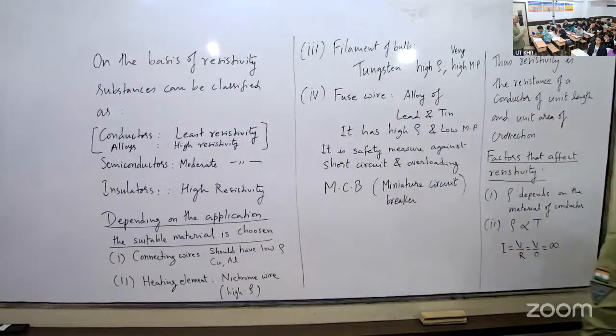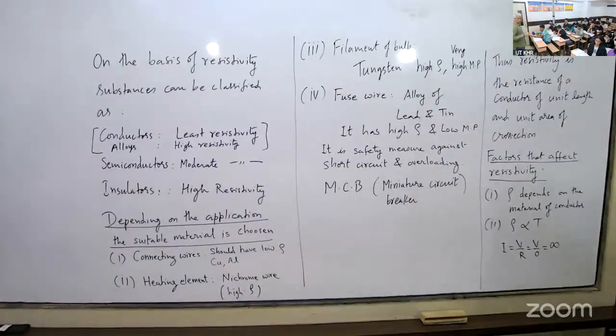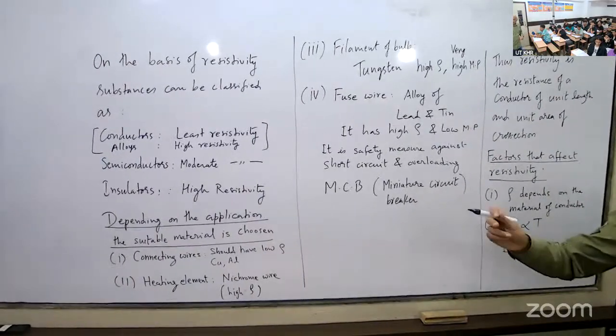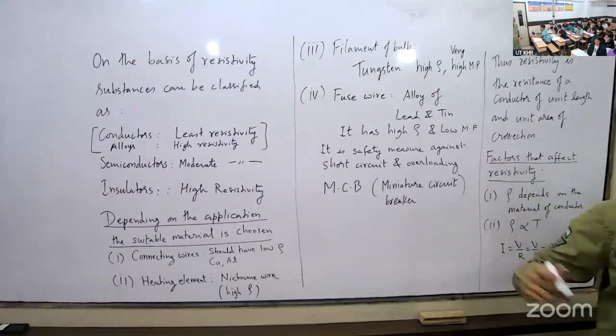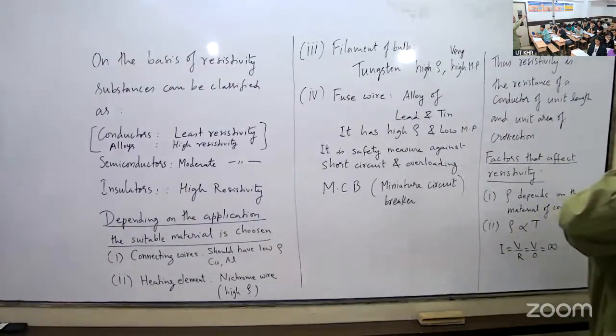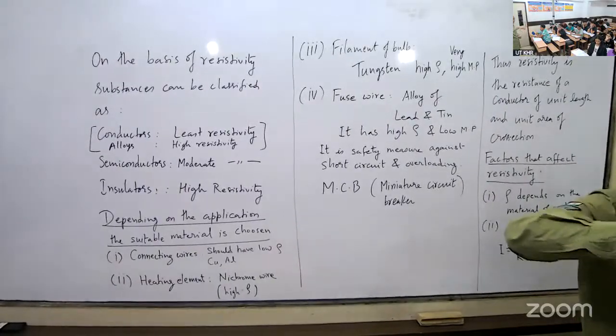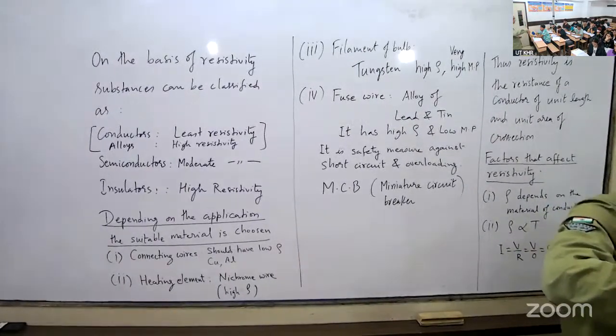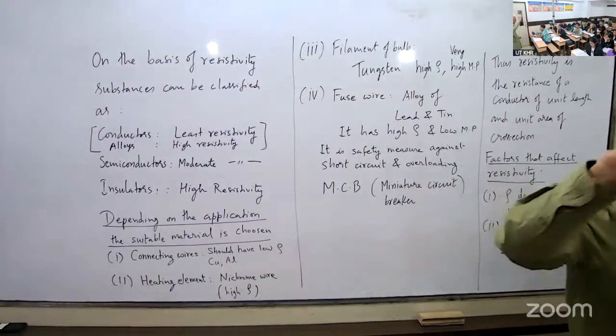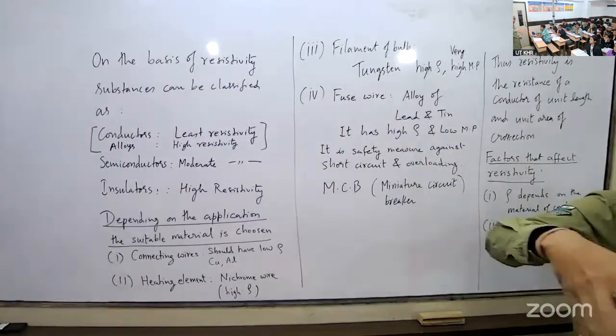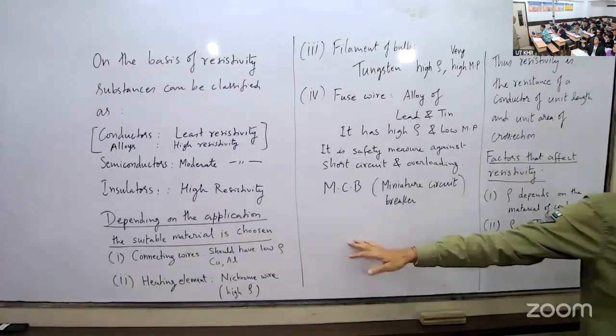Whenever there is an overload or short circuit, when more current than normal current is flowing, this mechanical switch will trip. It will break the circuit. Again, if you try to switch it on, it will trip again. Till the problem is fixed, it will keep tripping. So by tripping, it will save from fire outbreak.